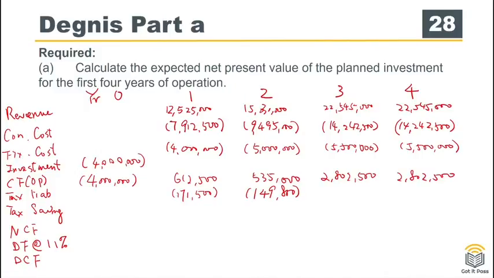For the third year, which is 784,000. Okay, and for the fourth year is the same.